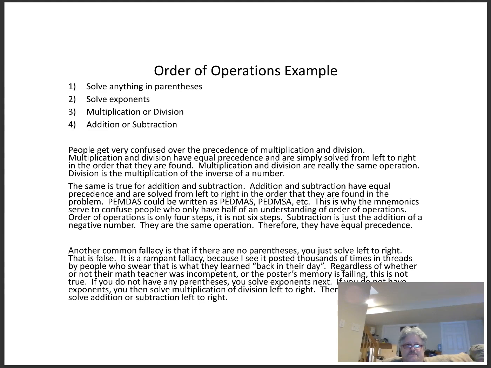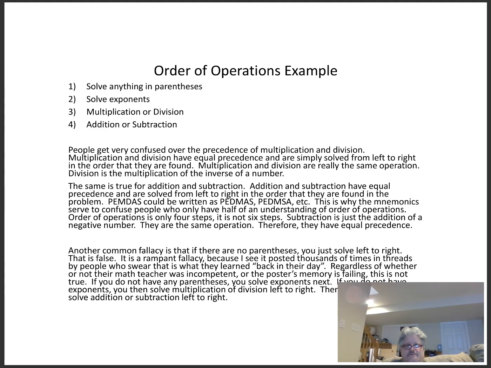The same is also true for addition and subtraction. They have equal precedence, and they're solved from left to right in the order that they're found. PEMDAS could have been written as PEDMAS or PEDMASA, or however you want to say it. That's why I don't like the mnemonics, because they just confuse people to memorize letters and not really understand order of operations. It doesn't help you understand the fact that multiplication and division are really the same operation.